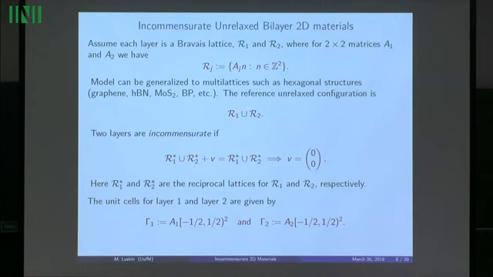Here's our precise definition of incommensurability, and then we have unit cells for layer 1 and layer 2. In these slides my unit cell is minus a half squared instead of 0, 1 squared. I'm describing a torus, a periodic torus, so it doesn't matter whether it's minus a half or 0, 1, because it's a periodic structure I'm looking at.